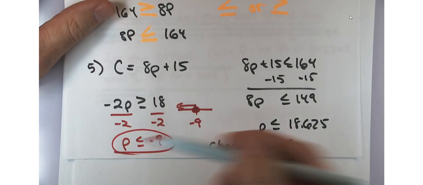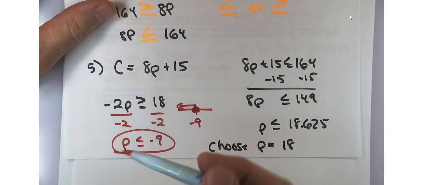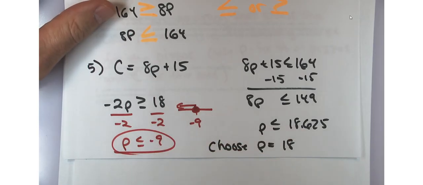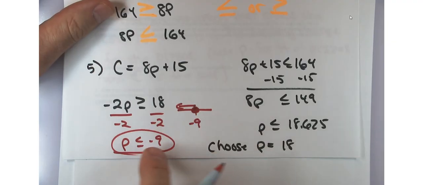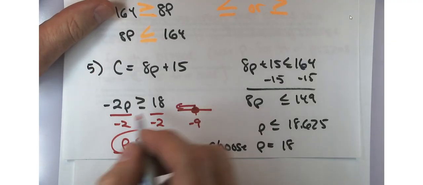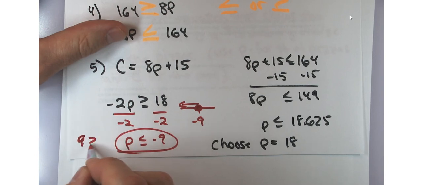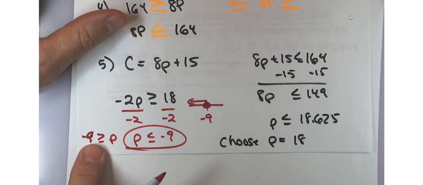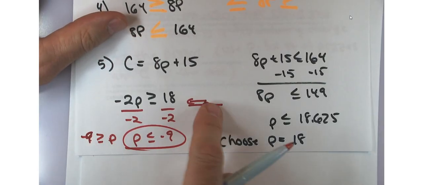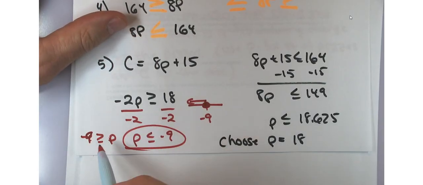Less than numbers are to the left. Bigger than numbers are to the right. So even if I wrote this as negative 9 is greater than or equal to P, it's still the same inequality. It still tells you to graph numbers that P is less than that, numbers to the left.